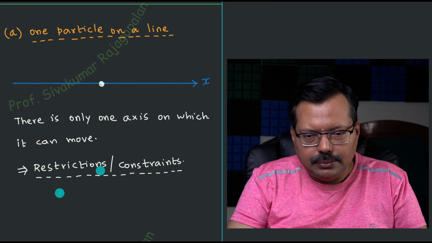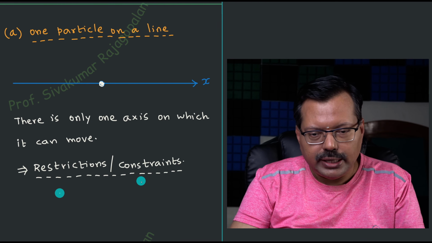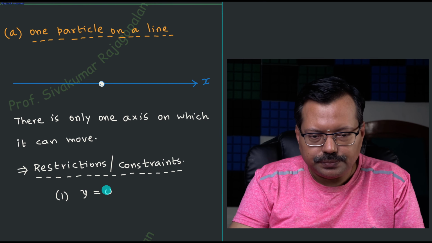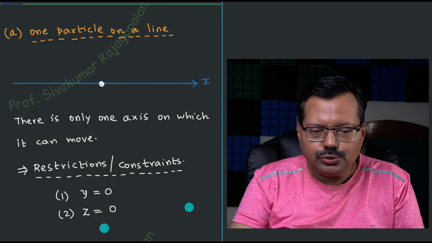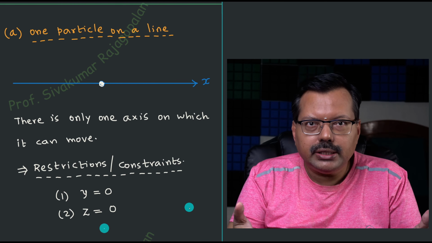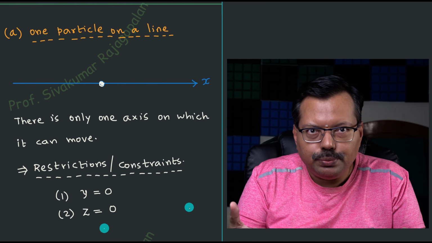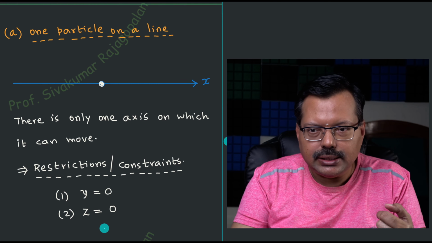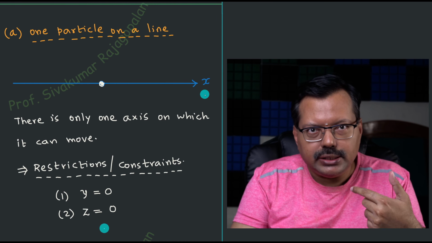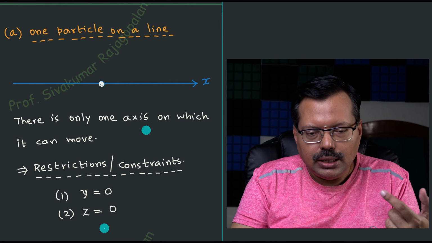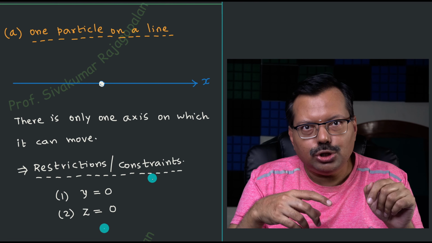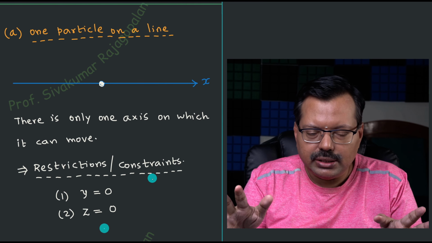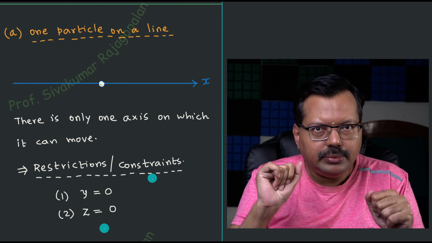So keep that as an example, and because that's very important, I'm going to write down the constraint here. This constraint has to be written once you understand the problem. If a person is walking on the rope, then the rope becomes the x-axis. I have written the x-axis here, right? So you have to consider that the rope is the x-axis. And if you are asking about the constraints, because in yesterday's class I told you about holonomic constraint, non-holonomic, etc., you have to write down a mathematical equation.